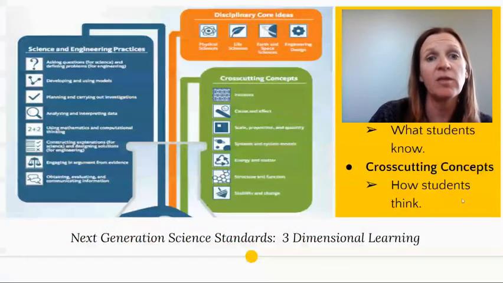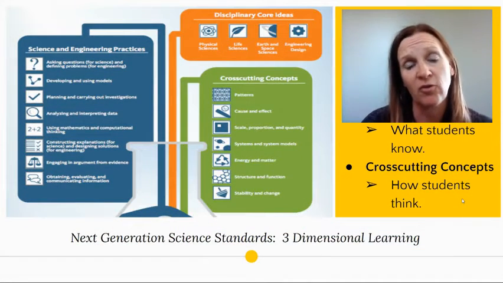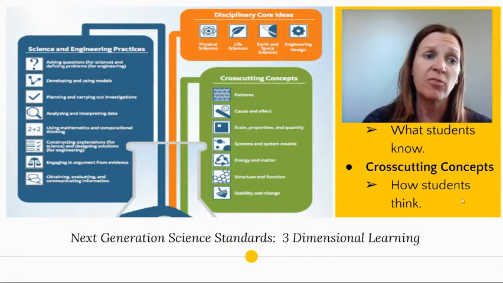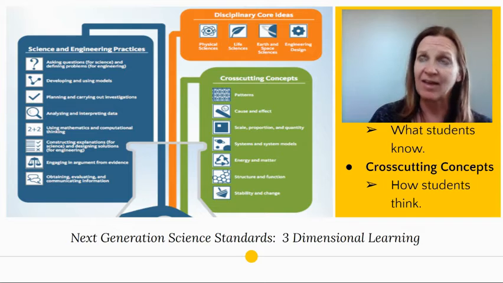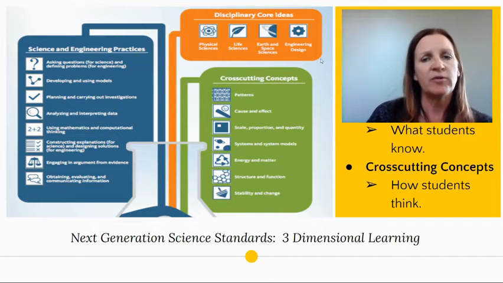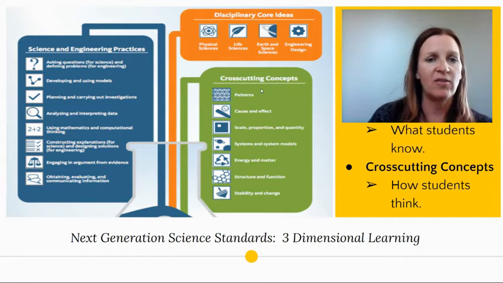So coming back to three-dimensional learning, the three dimensions each have a different area of focus. The disciplinary core ideas are what we think of when we think of traditional teaching and standards. These are ultimately the science ideas that the kids are going to be figuring out. What's a little bit different with the way we do science teaching now is the implementation of cross-cutting concepts and science and engineering practices.